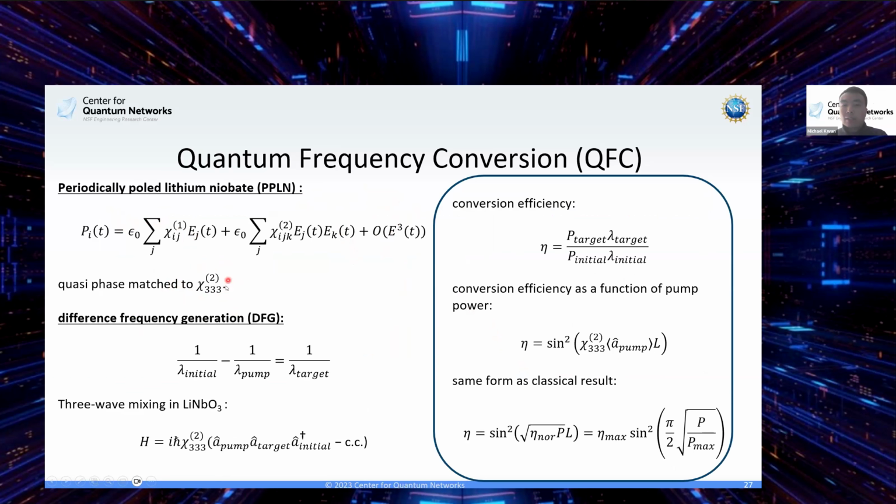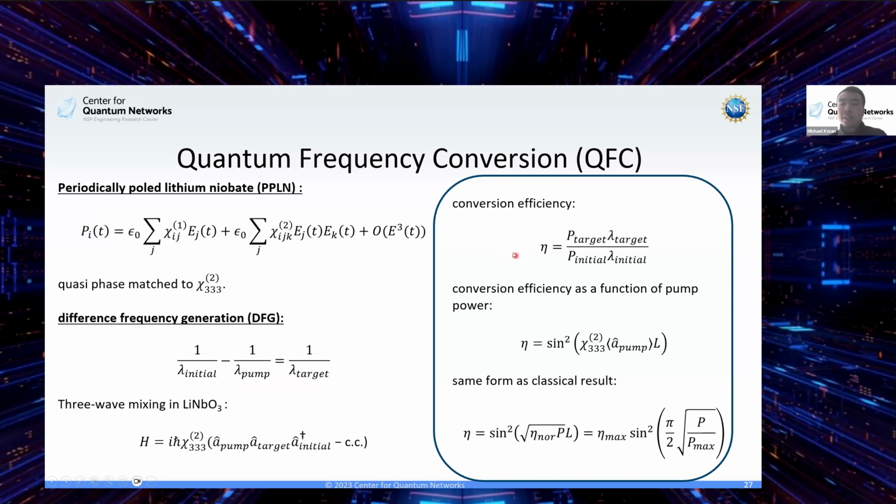And based on the conservation of energy, we have this relation between the initial wavelength, the pump wavelength you need, and the target wavelength you need to reach.